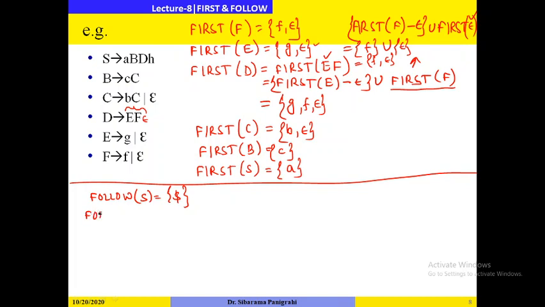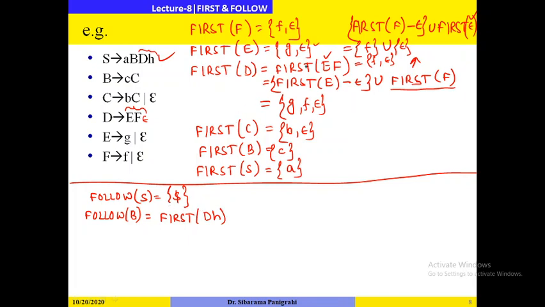Next we will compute follow of B. So what is follow of B? We have to look at the productions whose right hand side contains B. So this is a production whose right hand side contains B. So it is not the last symbol. So what you will do? You will compute first of DH, and you check whether first of DH contains epsilon.